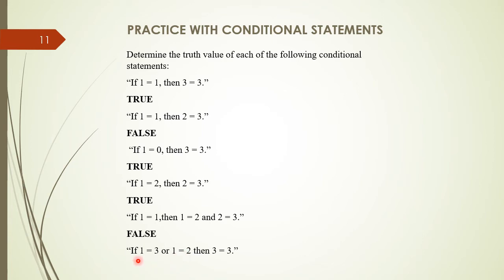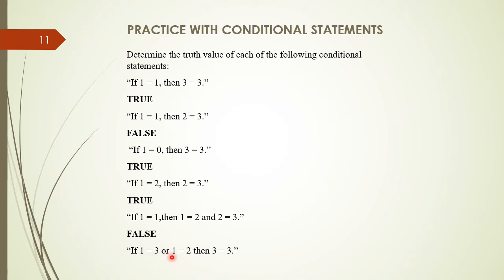If 1 is equal to 3 or 1 is equal to 2, then 3 is equal to 3. Now the conditional statement contains two parts, and its if part is again a compound statement having a disjunction operator, the or operator, and the overall truth value of the if part is false.